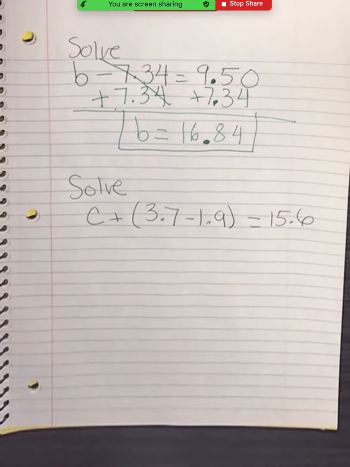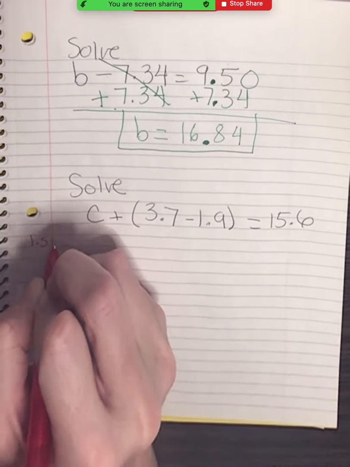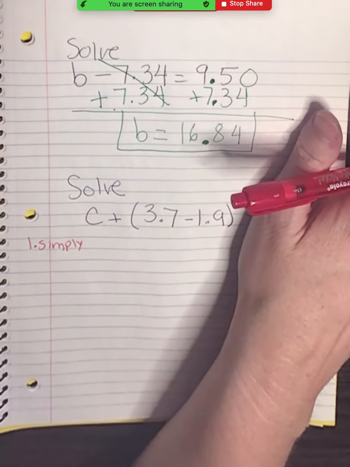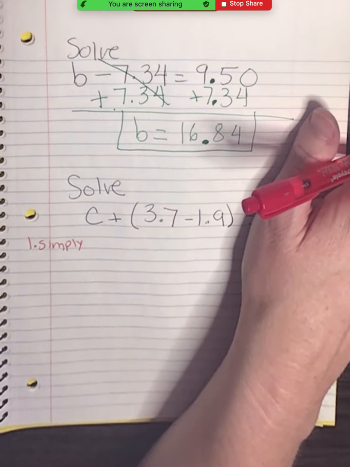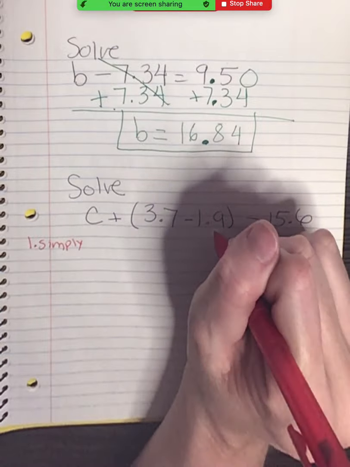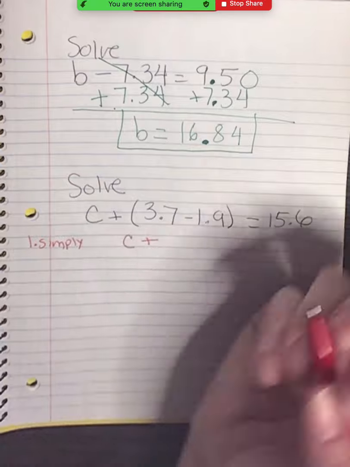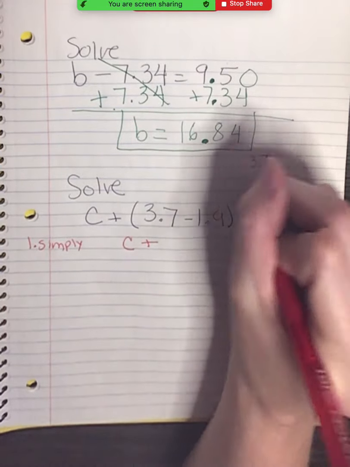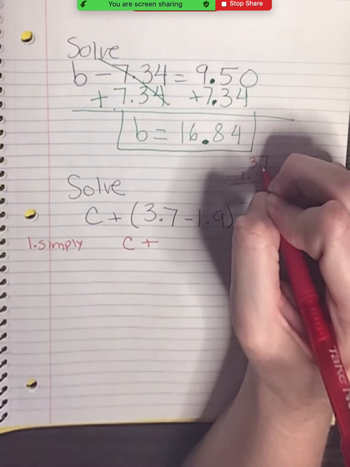So we get c plus, well, 3.7 minus 1.9. Okay? 7 minus 9, borrow, so that's 17. 17 minus 9, right, is 8. There's your decimal. 2 minus 1 is 1. So we get c plus 1.8 equals 15.6.